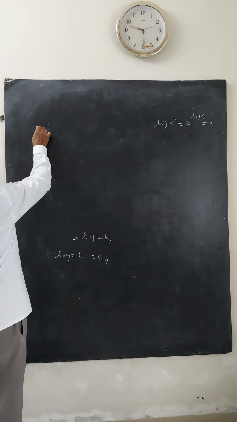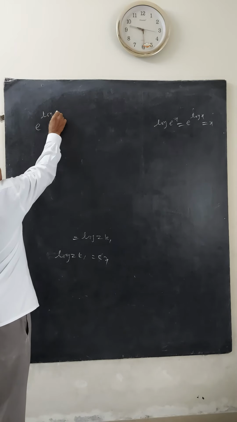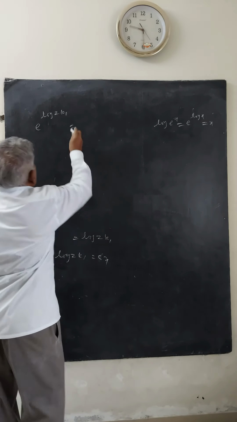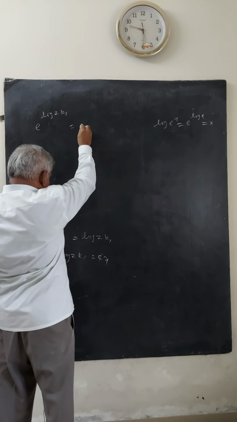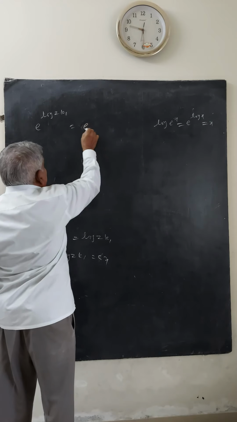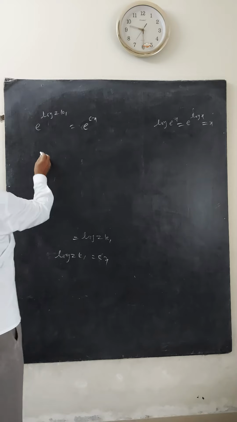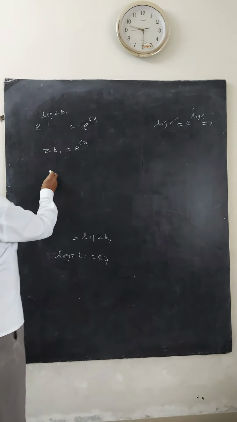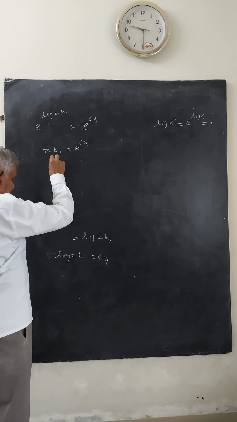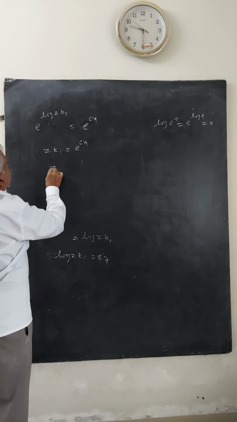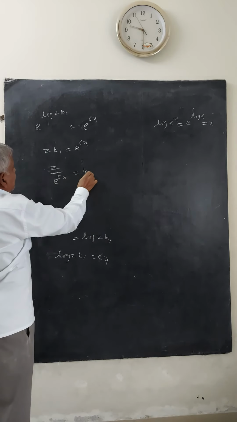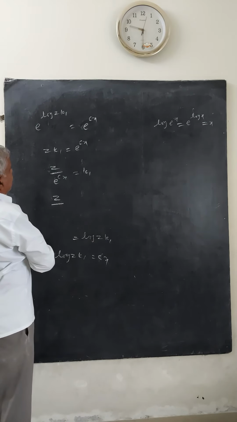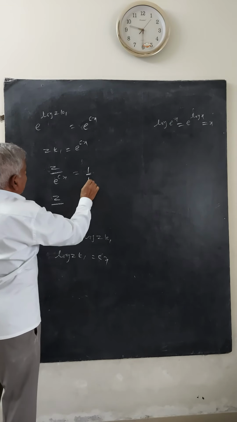Taking exponential on both sides, e power log of zk1 equal to e power cx. zk1 equal to e power cx. z by e power cx equal to k1.